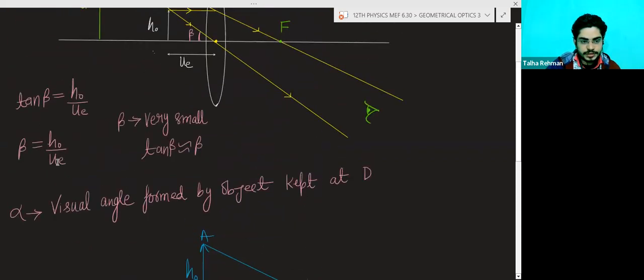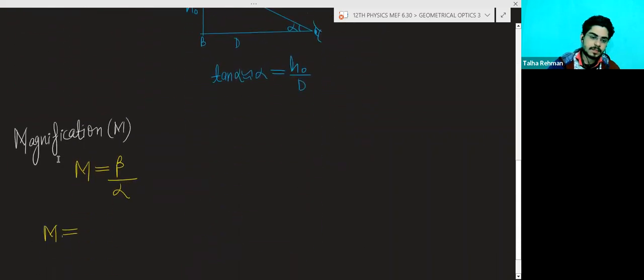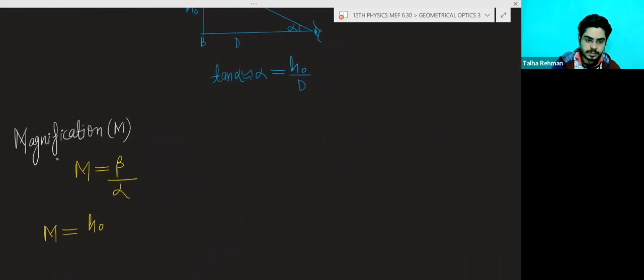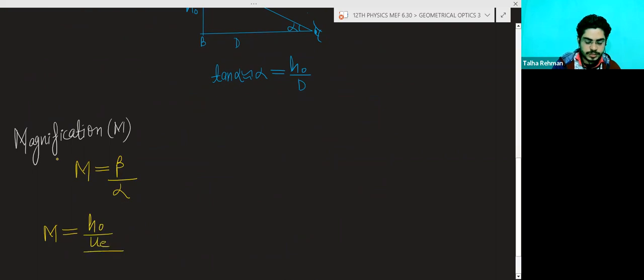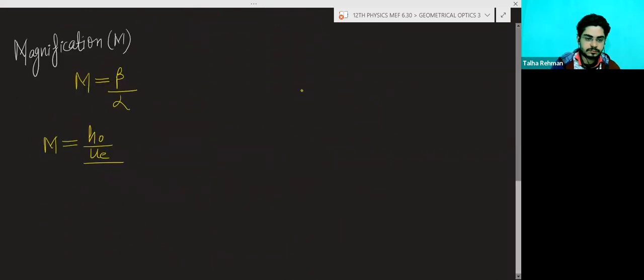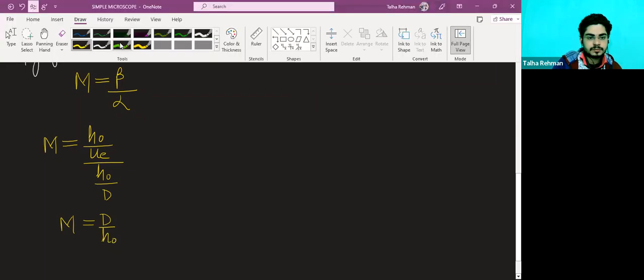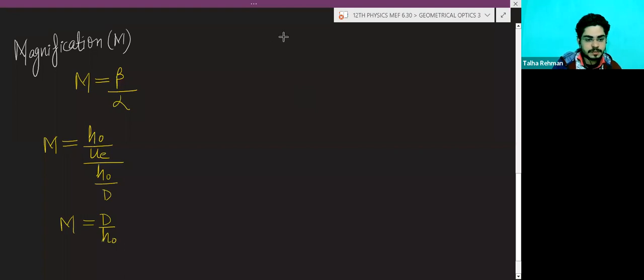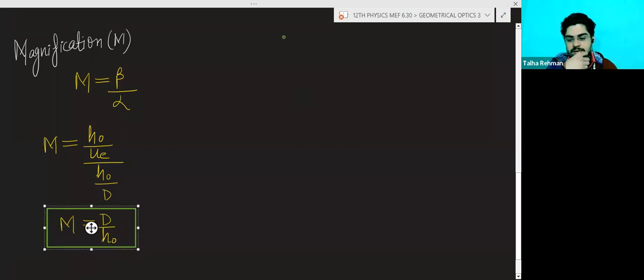Beta is this HO by UE. What is alpha? Alpha is HO by D. So the magnification will be D divided by HO. So this will be the magnification of simple microscope.